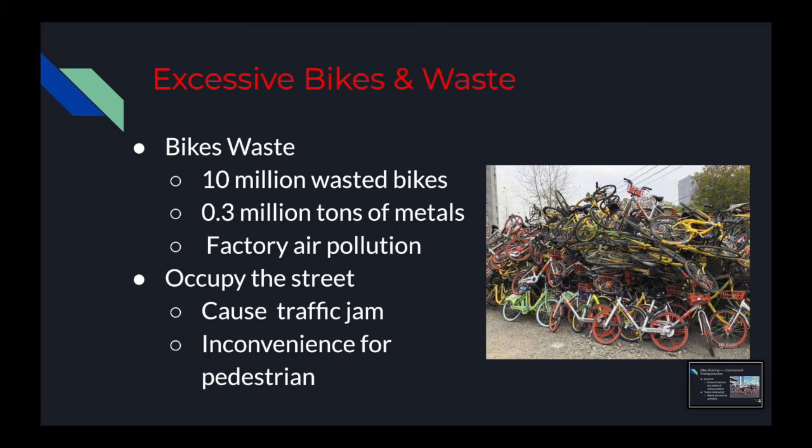Nonetheless, the competition between the capitals makes lots of wasted bikes. There were 10 million wasted bikes in 2018, equal to 0.3 million tons of metal that produce a vast amount of factory air pollution. This is a major factor in the climate change problem.